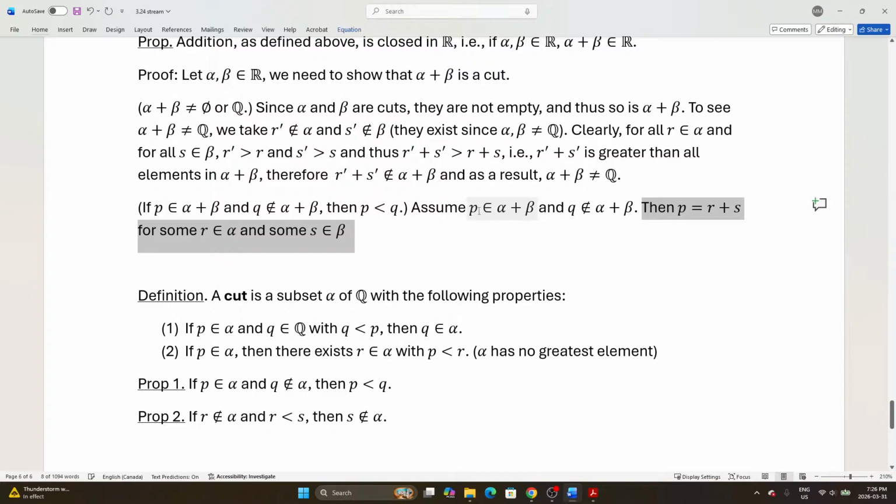This comes from assuming P is in alpha plus beta. Now we need to make use of the second assumption: Q is not in alpha plus beta.